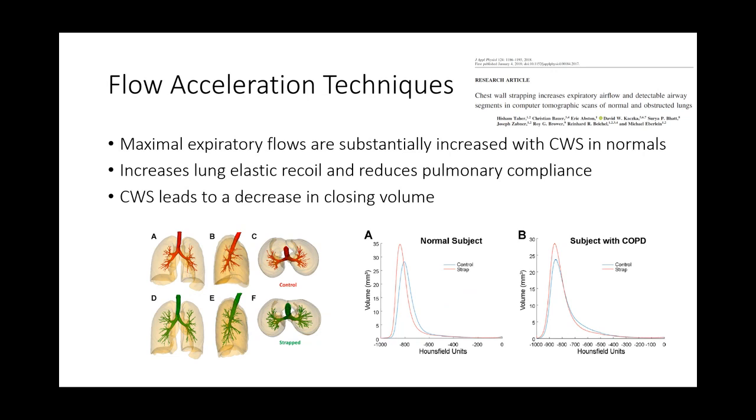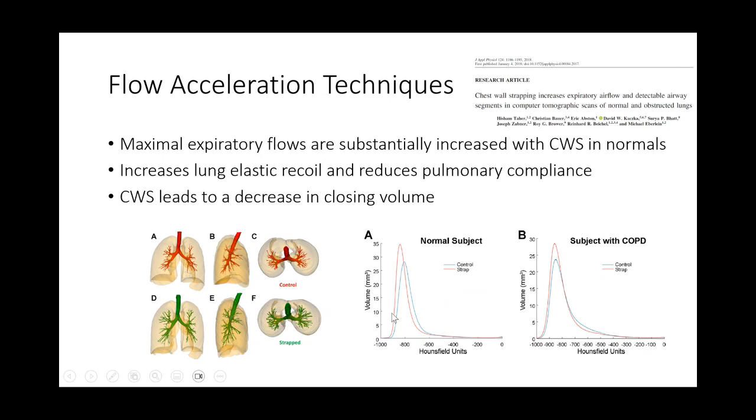Chest wall strapping has also been shown to decrease closing volumes, and it's suggested that the increase in elastic recoil leads to dilatation of the smaller airways, and that's seen here. So this is a control, and this is a CT scan that's been regenerated of an individual that has been strapped, and you can see that the lung generations are far greater.